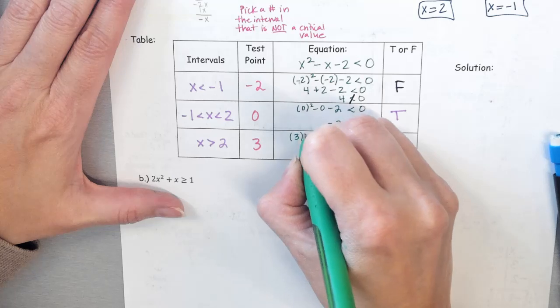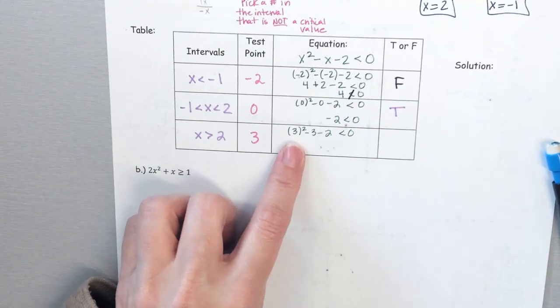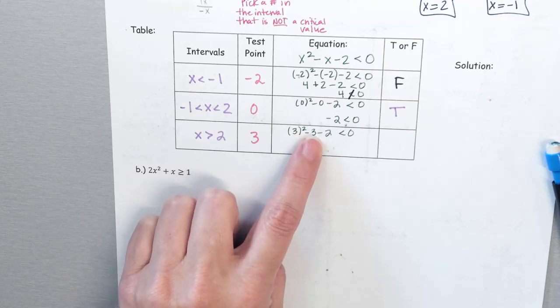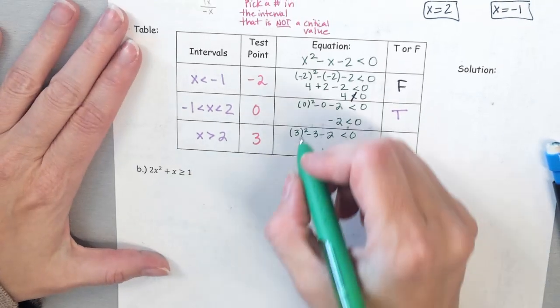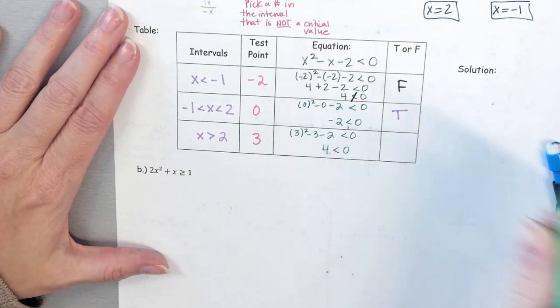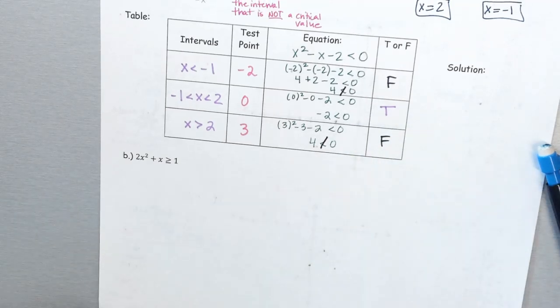And then we're going to plug in 3. 3 squared is 9, minus 5. 9 minus 5 is 4. And then we have the same inequality that we had above, so we know it's false. We're trying to find the solutions that make this true.